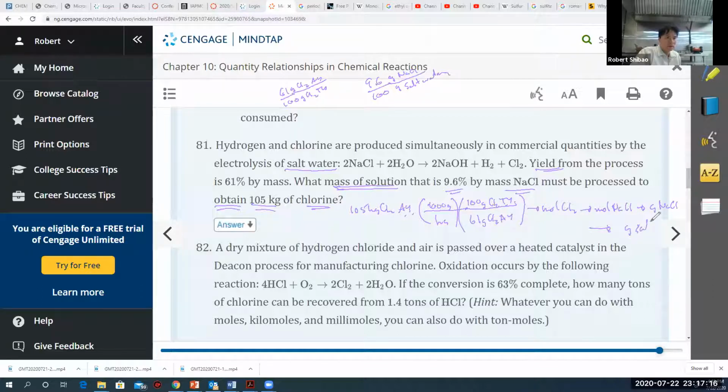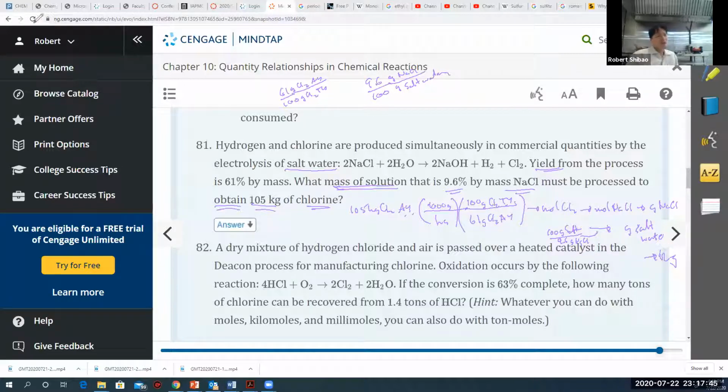I'll just call it salt water. Okay, going in this one, we have to flip this one upside down as well. The conversion factor for this is for every 100 grams of salt water that we need, we'll have 9.6 grams of sodium chloride here. And then we'll go to kilograms.